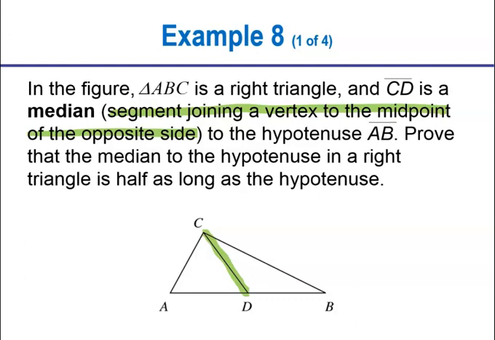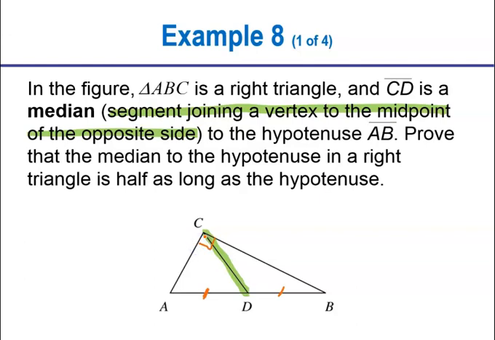What we know right off the bat, if D is the midpoint of the opposite side, is that AD and DB are congruent. Now, it says to the hypotenuse AB. That's the hypotenuse over there, which means my right angle is right there at angle C.